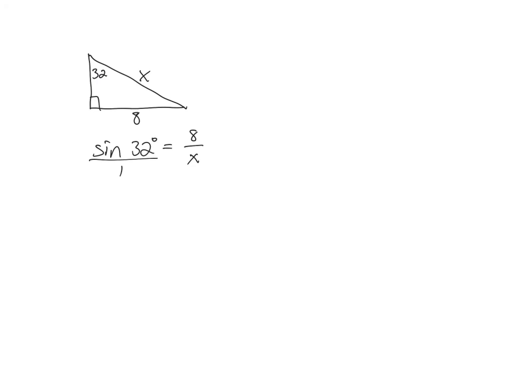Okay, so 32 for sine, 0.5299. And so when we multiply the diagonals, we get 0.5299 x equals 8 times 1 is 8.